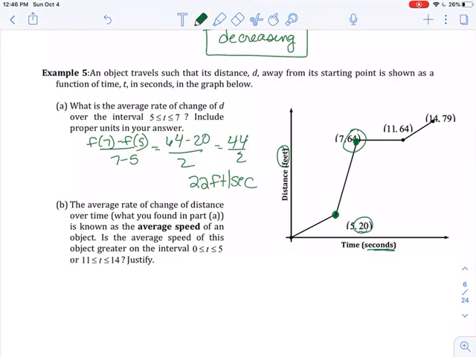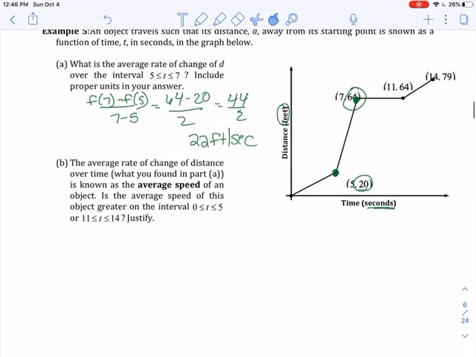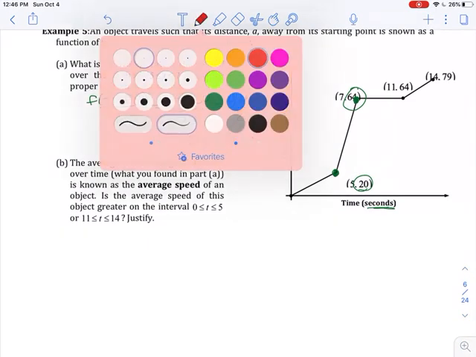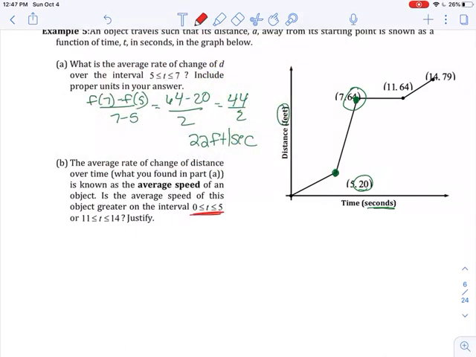B, the average rate of change of distance over time, what you found in part A, is known as the average speed of an object. Is the average speed of this object greater on the interval between 0 and 5 or between 11 and 14? Justify. All right, so basically I need to find the average rate of change when the time is between 0 and 5.